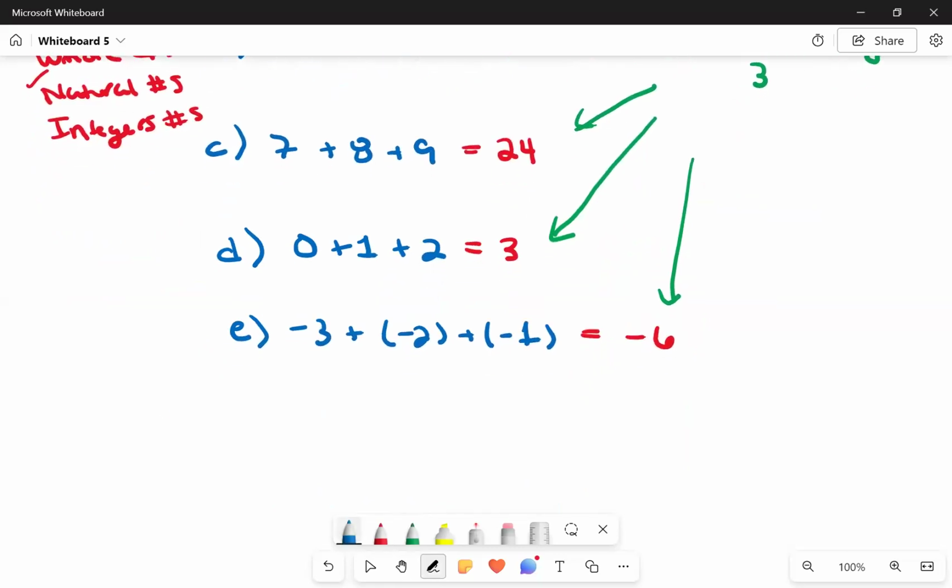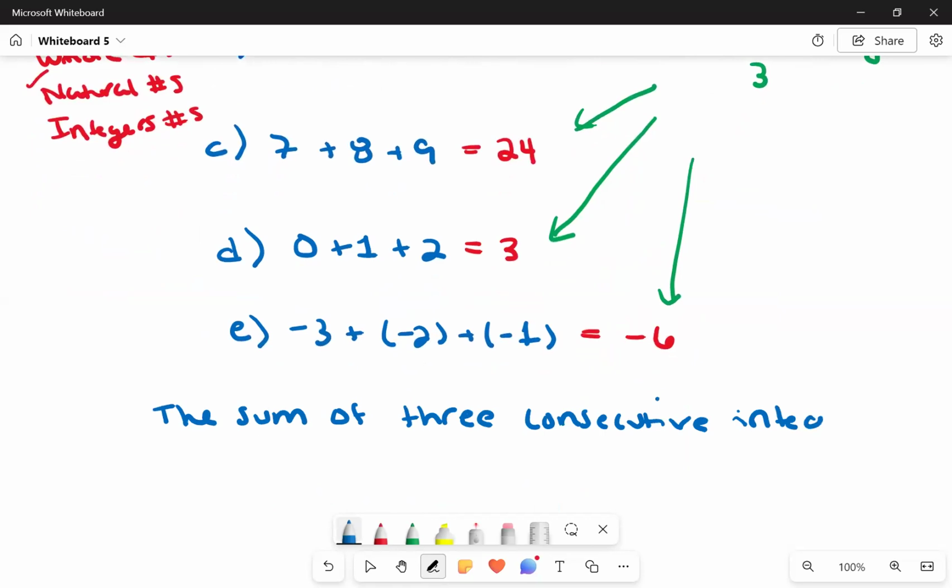The sum of 3 consecutive, that means in a row, 3 consecutive integers, so it worked for the integers. Here, let me put my little check mark next to the integers. Boom, it worked there. The sum of 3 consecutive integers is divisible by 3. This is my thought.